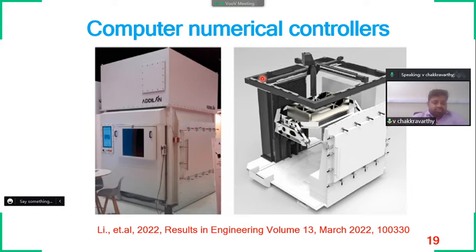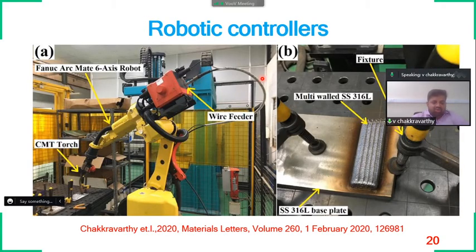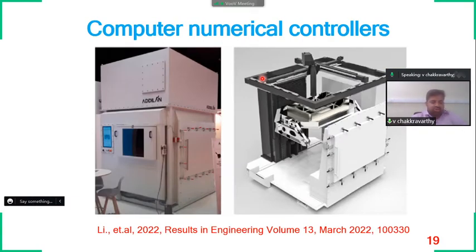In the case of robotics, that precision and accuracy is not that good, but CNC has some unique advantages like this. However, robotic controllers can rotate through all degrees of freedom, whereas it is not possible with a CNC controller. That is the biggest problem.